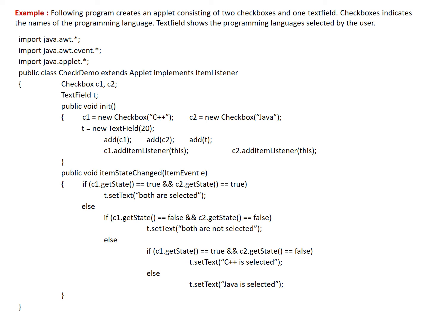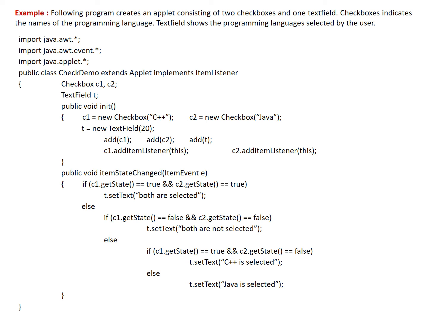That is, the instances of the checkboxes are created with the captions C++ and Java, and the references are assigned to the variables C1 and C2 respectively. The next statement will create the instance of the text field and the reference is assigned to the variable T. After this, the two checkboxes and the text field are added on the applet.